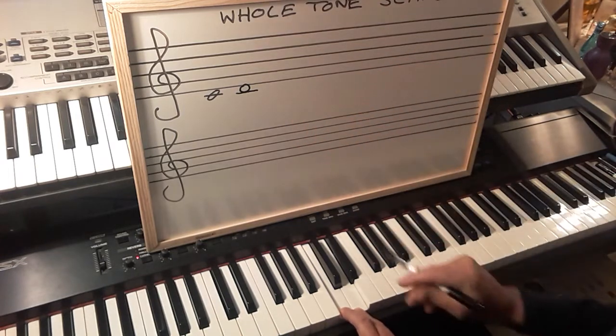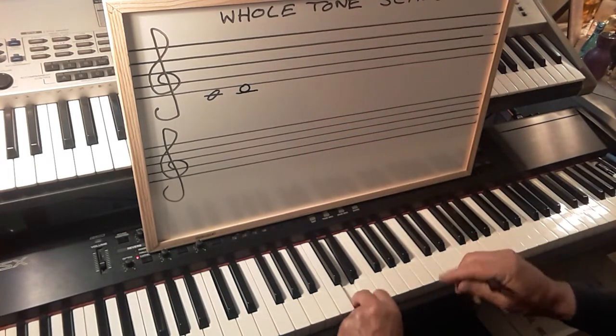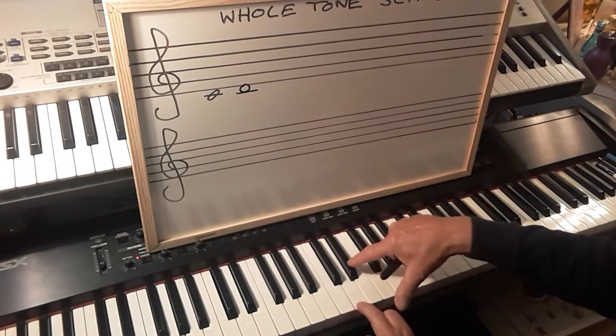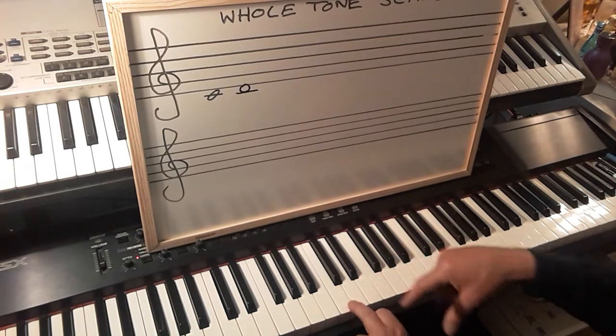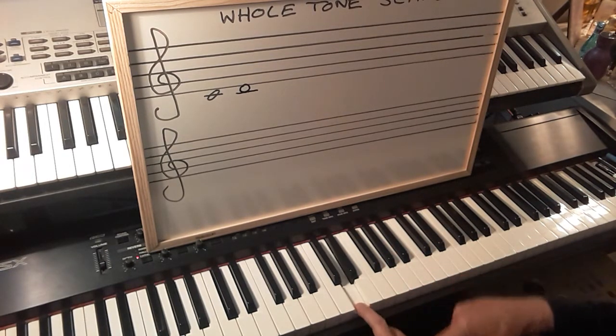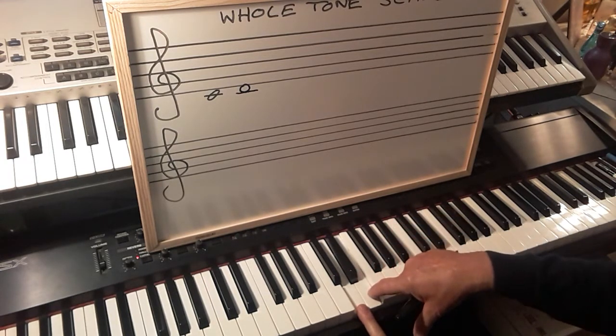Now the next note we want is a tone away again. Remember, that's your new starting point. We don't start there. The note that you arrive at is your new starting point. So from D to D sharp is a half step, and from D sharp to E is another half step.